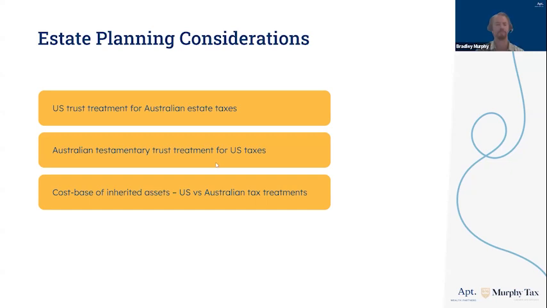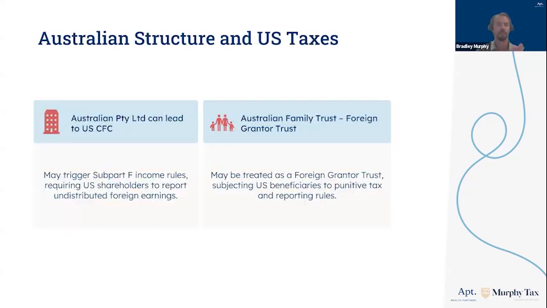So, going on to company structures, Brad, and family trusts. Thanks, John. It's very common for Australian taxpayers to use a structure to hold their assets or run their business.